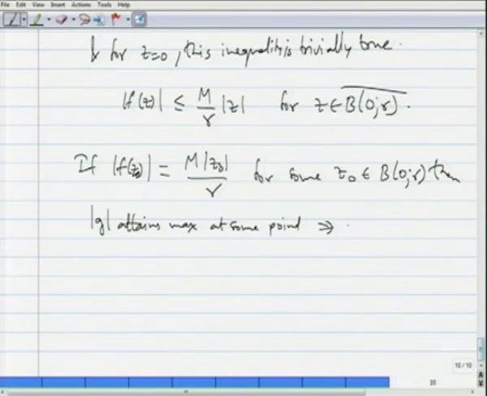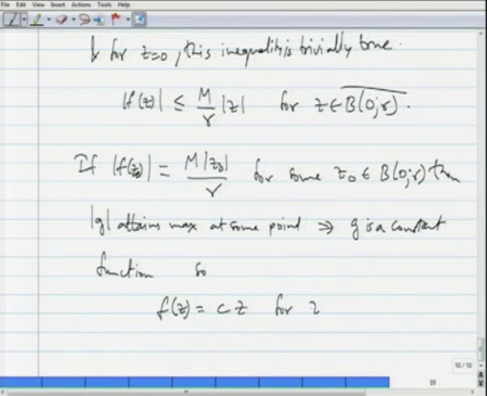So, this implies that g is a constant function. That is the only way at an interior point you can have a maximum modulus. So, g is a constant function. So, f of z looks like c times z, for z belongs to B(0, r).